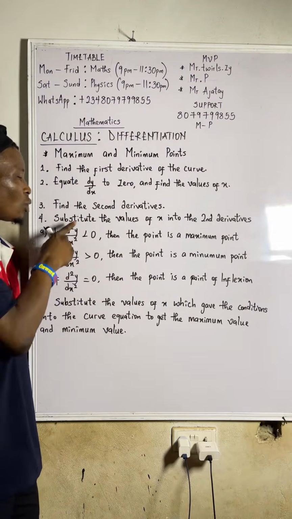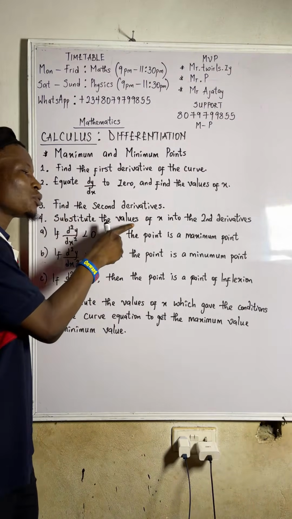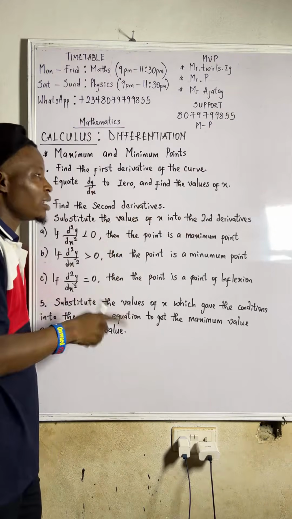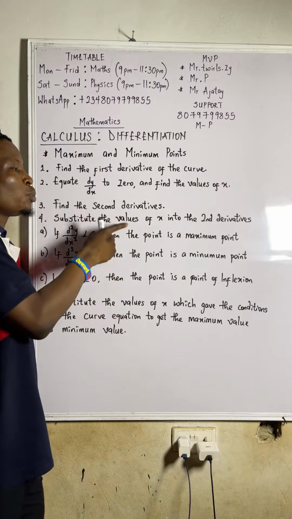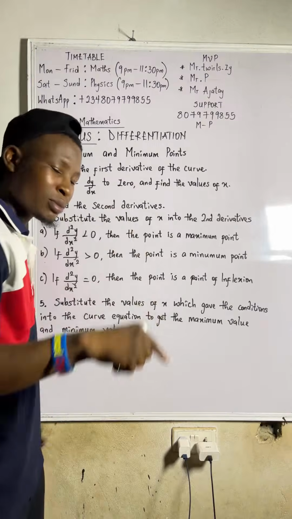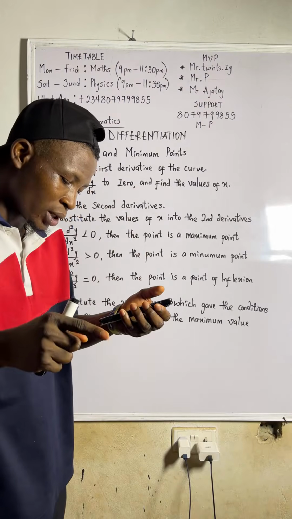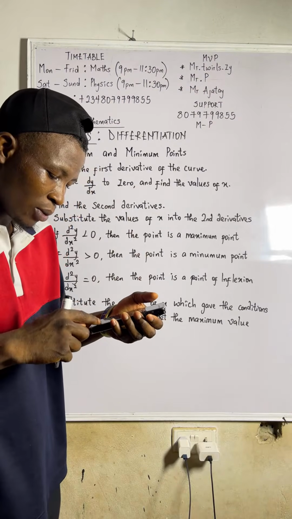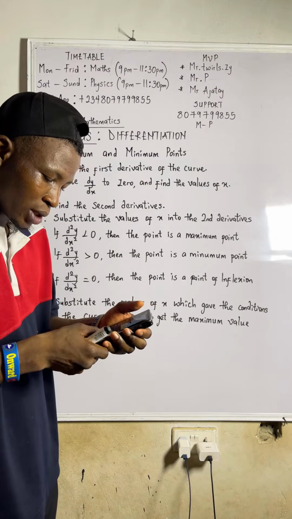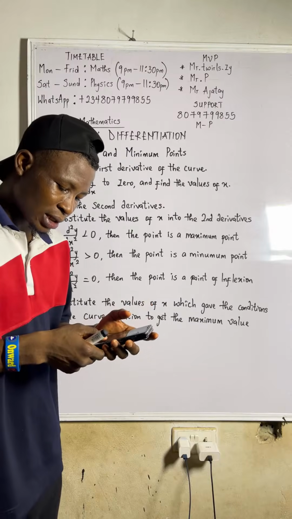Then the fourth thing, substitute the value of x into the second derivative. The value of x you got here, you put it inside the second derivative. That will now determine your maximum and minimum point. So that is just how that thing is.